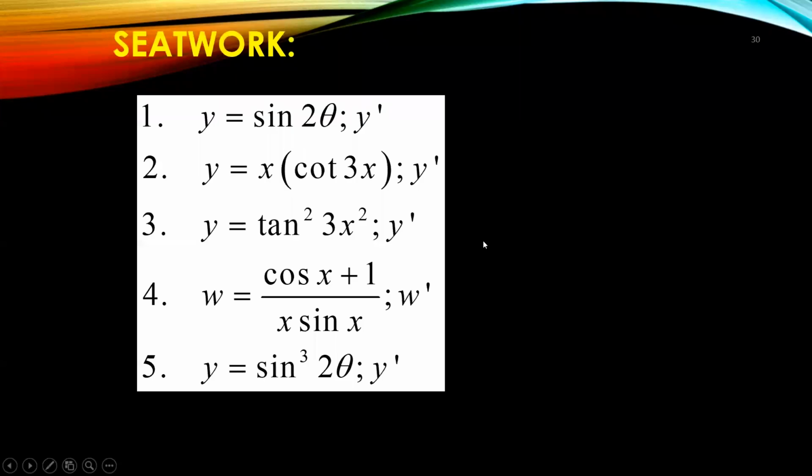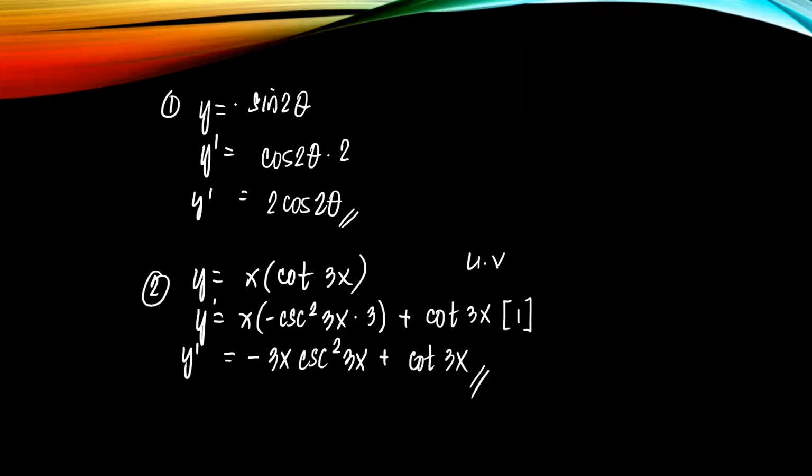What's number? Let's try 3. Tan squared 3x squared. What is y prime? Diba the first that you see should be the power rule. So 2 tangent of 3x squared.